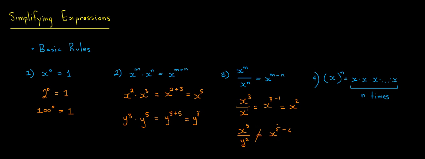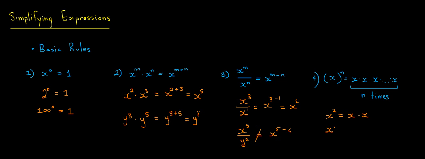That would be incorrect. And then our last basic rule is x to the n is really just x times x times x times x, all n times. This might be a little bit confusing, but if you really think about it, it's not that bad. For example, if I give you x squared, what it means is x times x, so 2 times, and our power was 2.